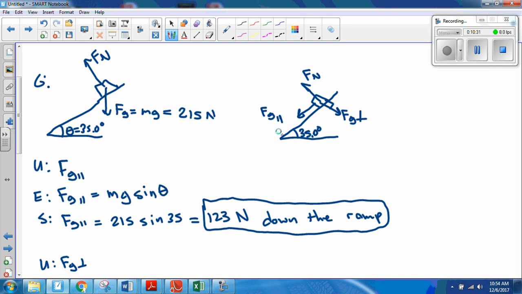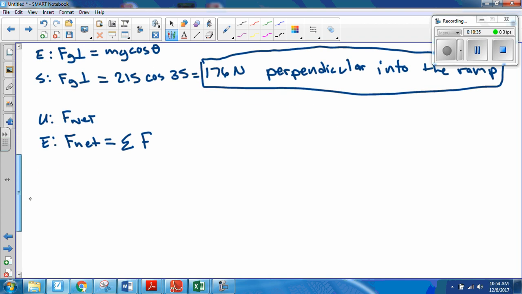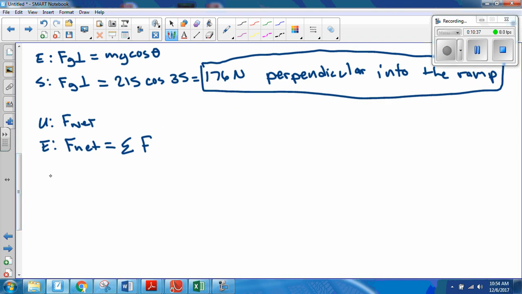So what's the only force that's left? Fg parallel. So F net is equal to Fg parallel, which is equal to, what was Fg parallel? 123 newtons down the ramp.